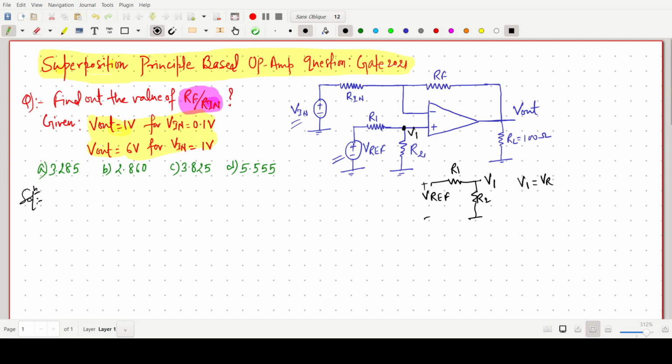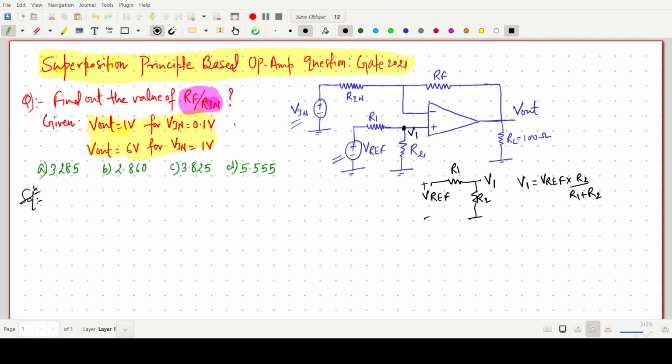So V1 equals V ref into R2 by R1 plus R2.